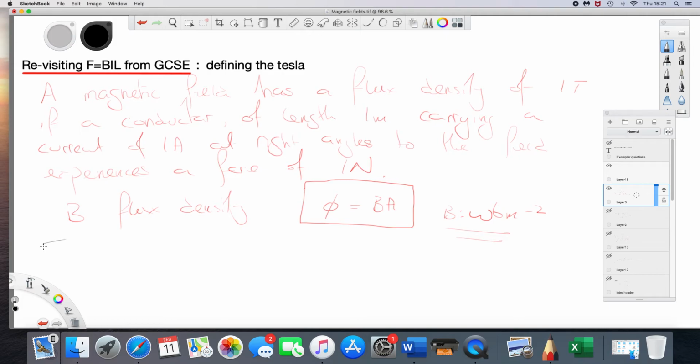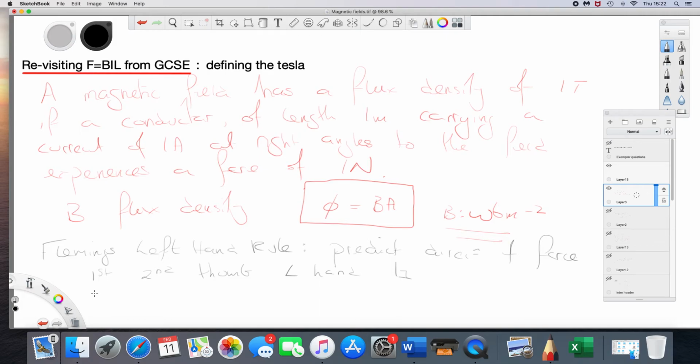Okay. Now, along with this, of course, you've got Fleming's left-hand rule. I'm not going to write that out, but Fleming's left-hand rule allows you to predict the direction of this force that we've been talking about in F = BIl. What Fleming said was you place the first finger, second finger and thumb of the left hand mutually at right angles.